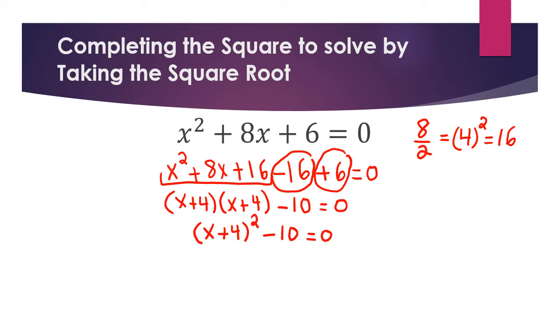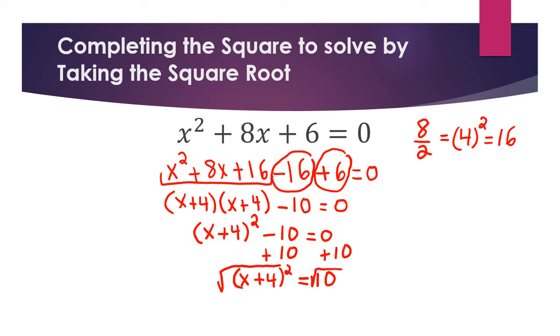Now to solve this quadratic, I can add 10 to both sides to have the perfect square by itself on one side of the equation. So I'm going to end up with x plus 4 squared equals 10. Now, x plus 4 is trapped inside the parentheses with the square, so the first thing I need to do is take the square root of both sides of the equation.